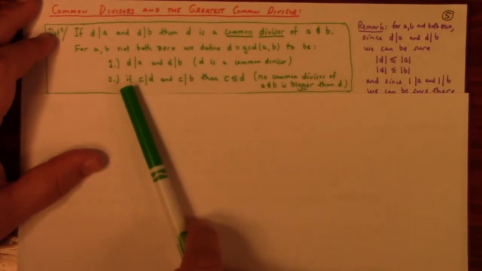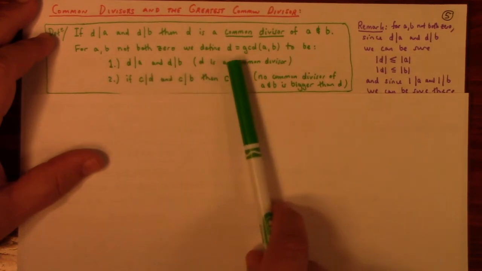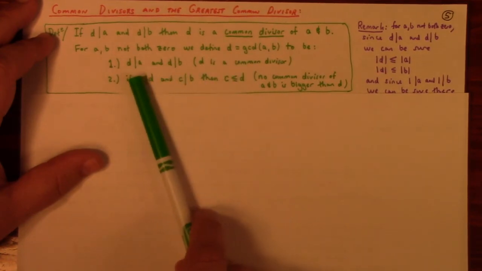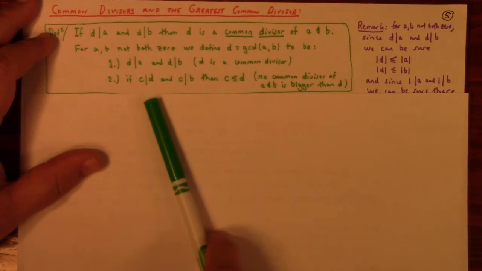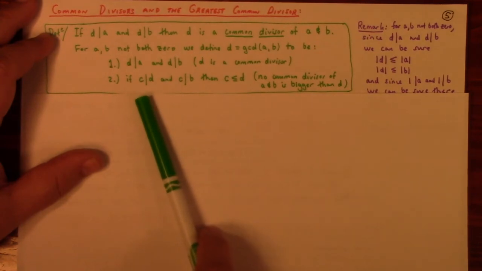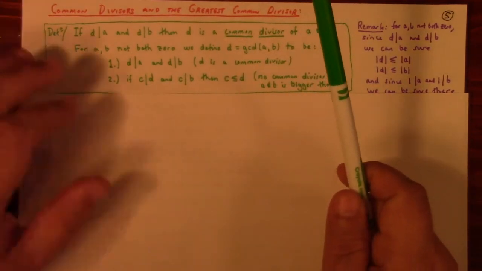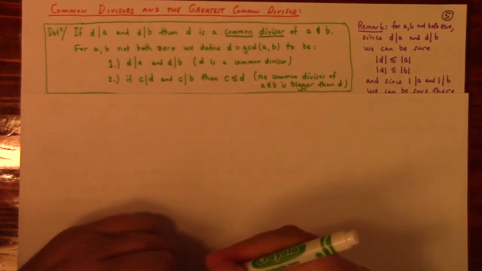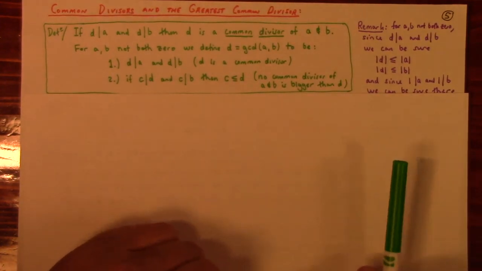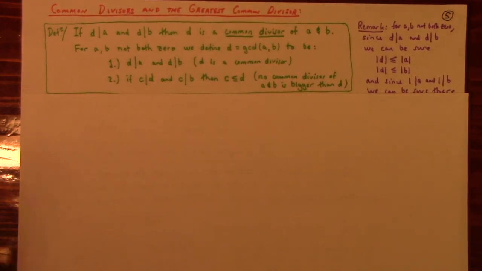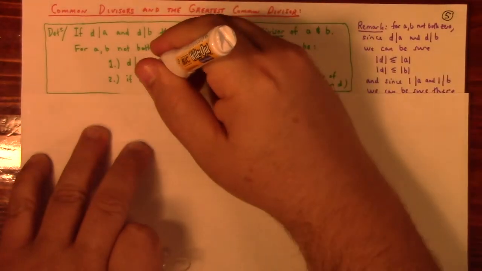And so what does it take to be the greatest common divisor? Number one, you have to be a common divisor of A and B. And number two, you have to have that if C is another common divisor, if C divides what? Oh, look at that, the marker got carried away here.